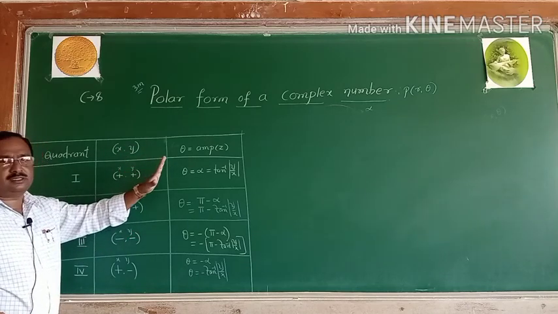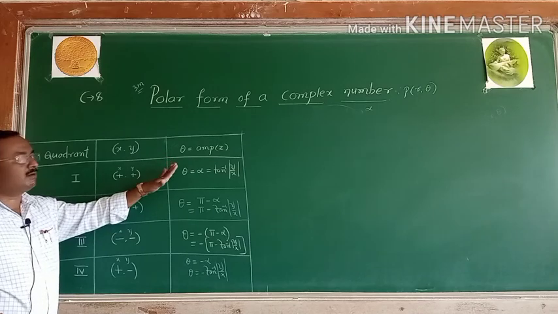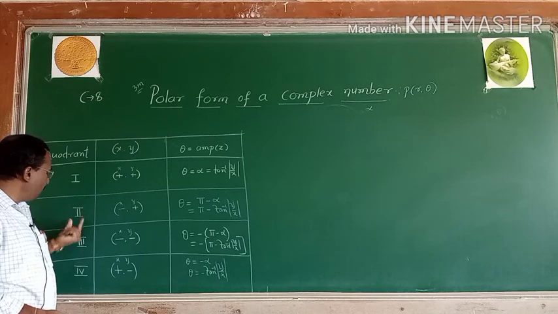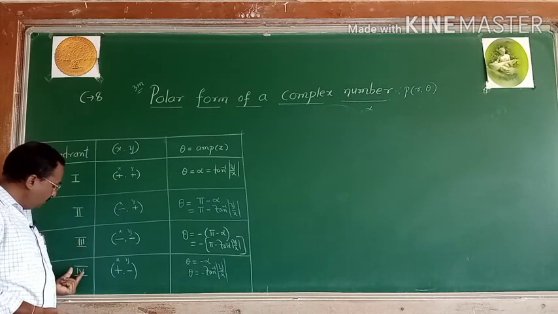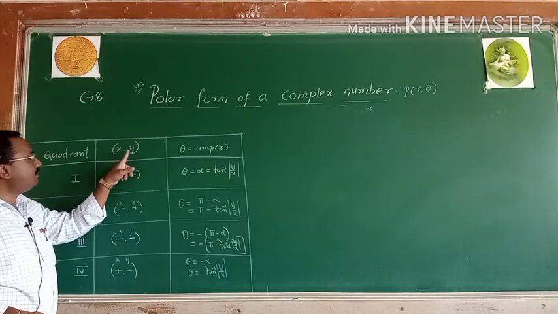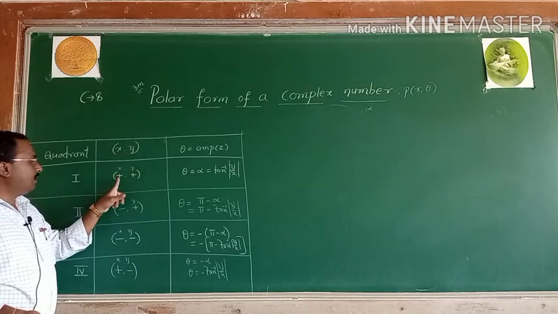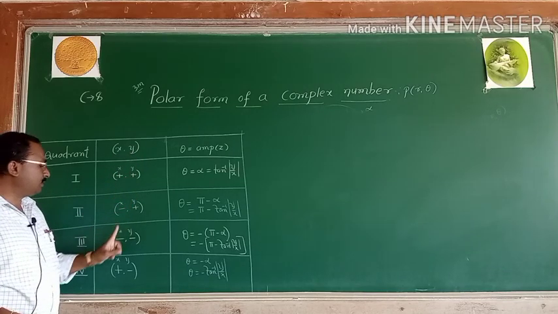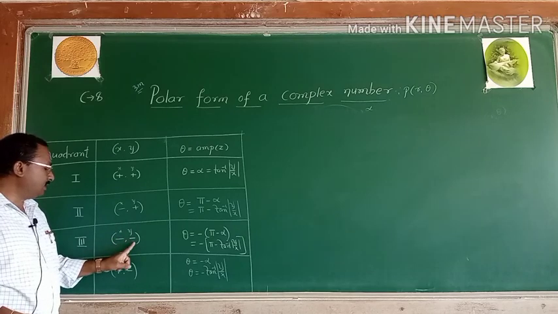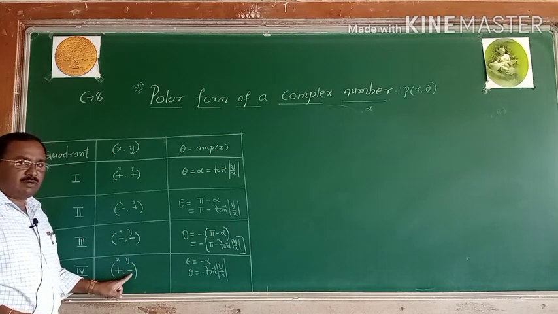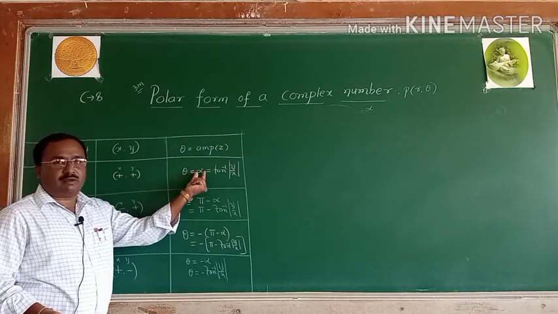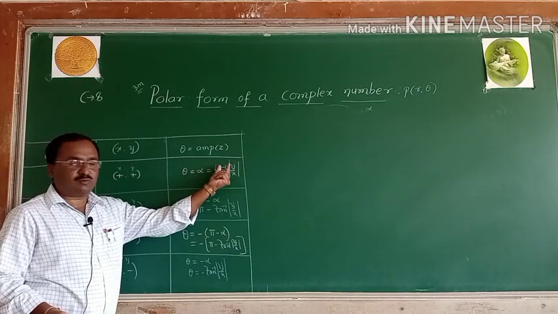Now the solved example for polar form of a complex number. First quadrant, second quadrant, third quadrant, fourth quadrant; x comma y. In the first, x is positive, y is positive; second, x is negative, y is positive; third, x is negative, y is negative; fourth, x is positive, y is negative. If both are positive, theta is equal to alpha, meaning tan inverse of the modulus of y by x.